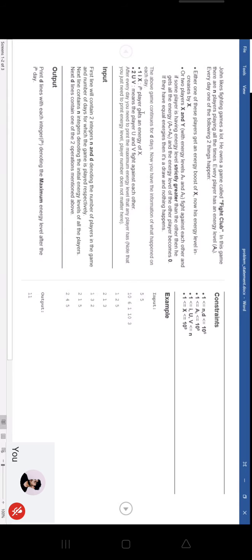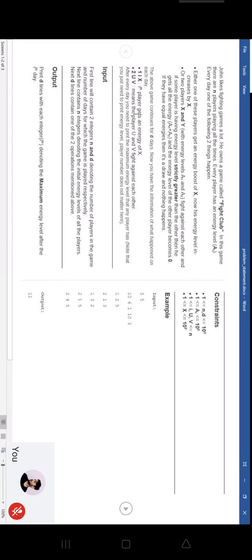Here is the thing. If you mention 1 space, small i space, capital X, it simply indicates that this is the energy boosting operation. And here the ith player will get the energy of capital X. Say for example, the value of i is 3 and the value of x is 5.